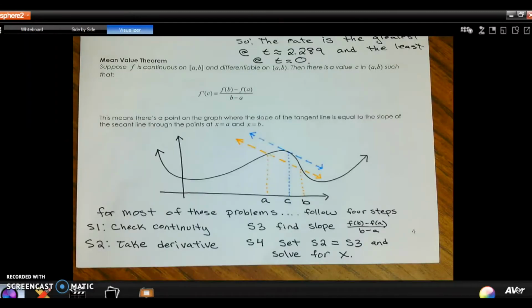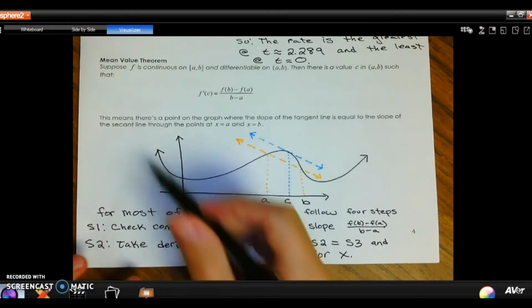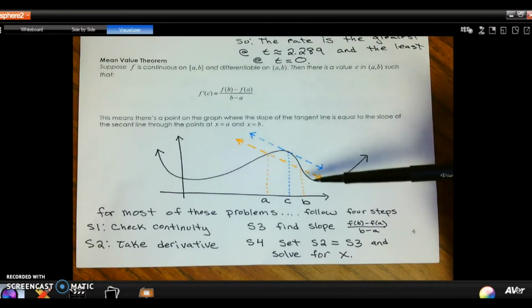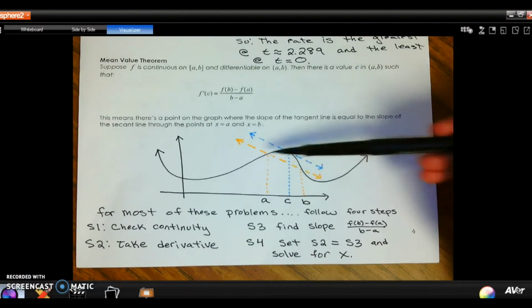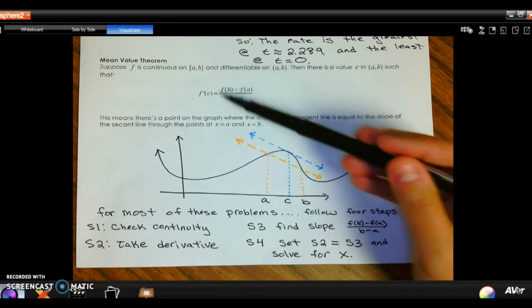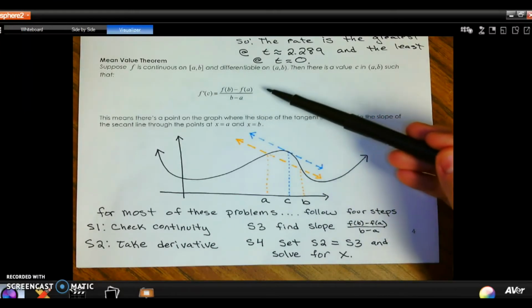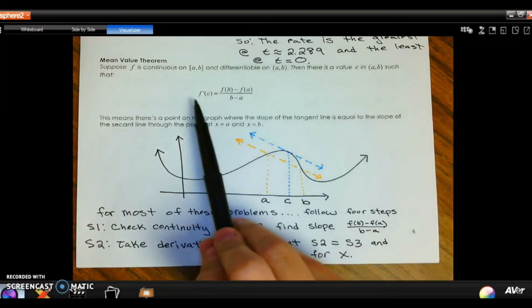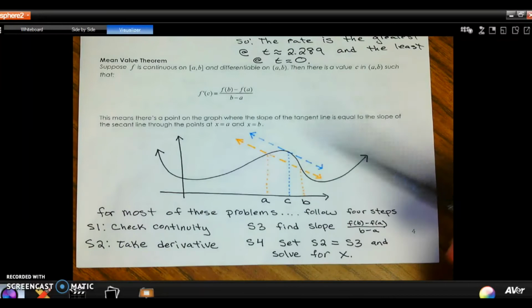Okay, the last thing that I wanted to talk about in this video was the mean value theorem. The mean value theorem basically says that if you have a graph that's continuous, like this one here, then somewhere on that graph, if you draw a secant line that touches it twice, between A and B, you can use your pre-calculus formula, the average rate of change formula, and the mean value theorem says that somewhere on there the derivative will equal that.